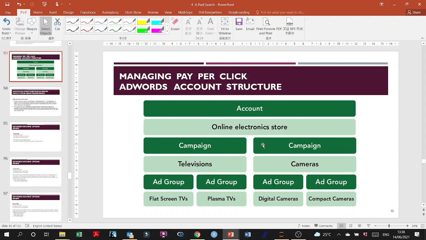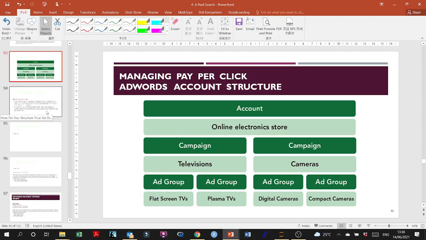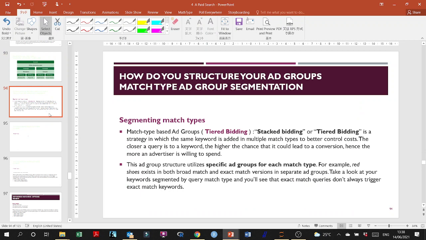One campaign's objective is sales of televisions, the other is sales of cameras, so that's also valid. And then you will have ad groups for each subcategory for televisions, but I will also add here two different ad groups, one for exact match type, one for a broad modifier kind of match type.